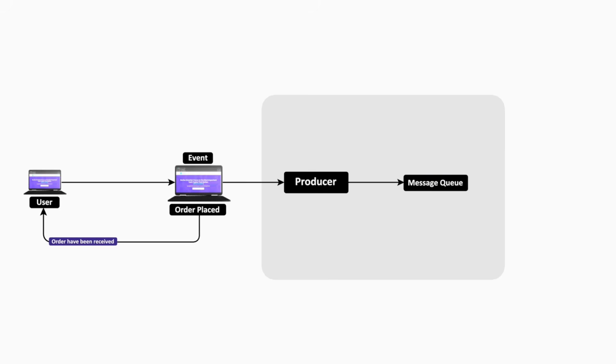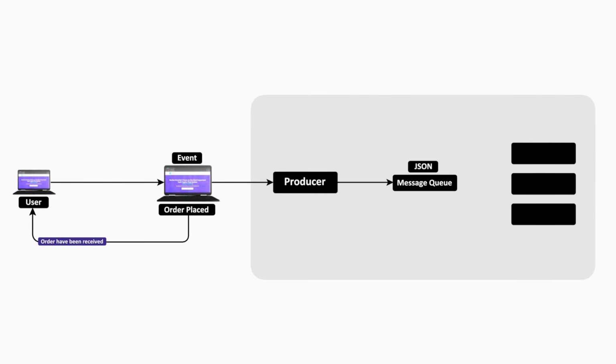You send the JSON here, and then based on the message queue, the different consumers will subscribe to this message queue. Let's say I have three consumers. This is just to give you a rough idea, and we will discuss it in depth as we proceed in this course. Let's say this is a consumer related to inventory.